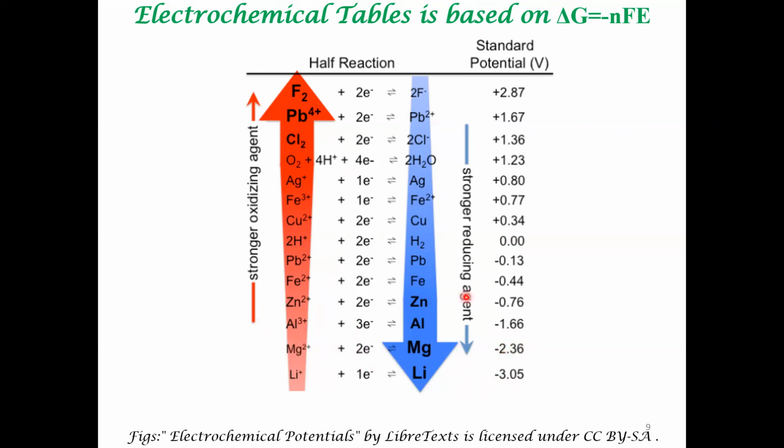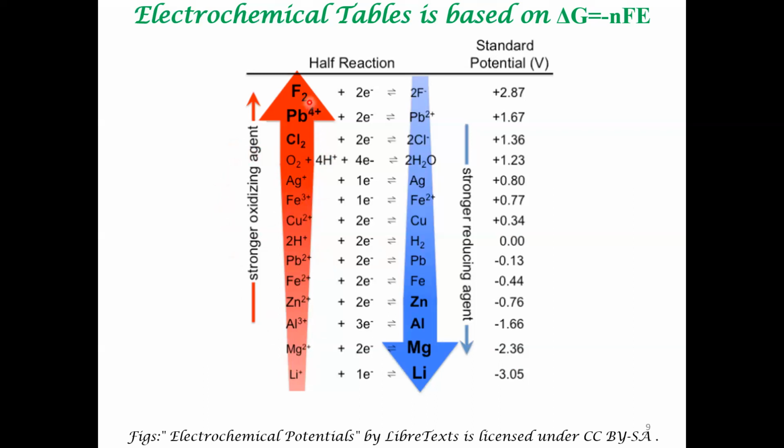And then there are two other things that I've mentioned: oxidizing agent and a reducing agent. What is an oxidizing agent? An oxidizing agent is that which oxidizes something, and while it oxidizes something, it itself gets reduced. Supposing we use, let's say, fluorine as an oxidizing agent.